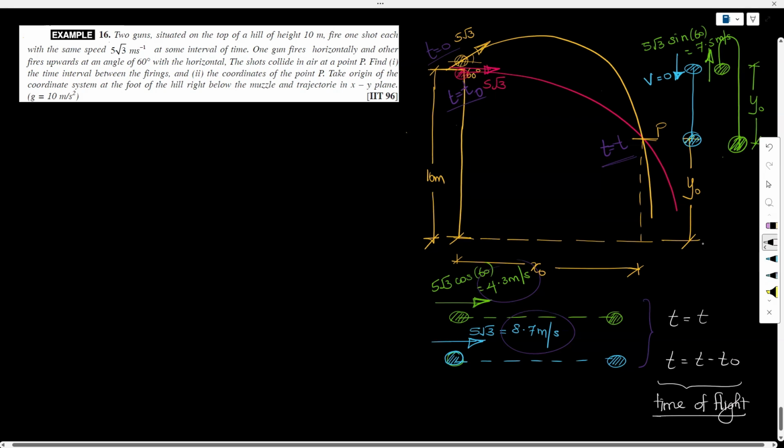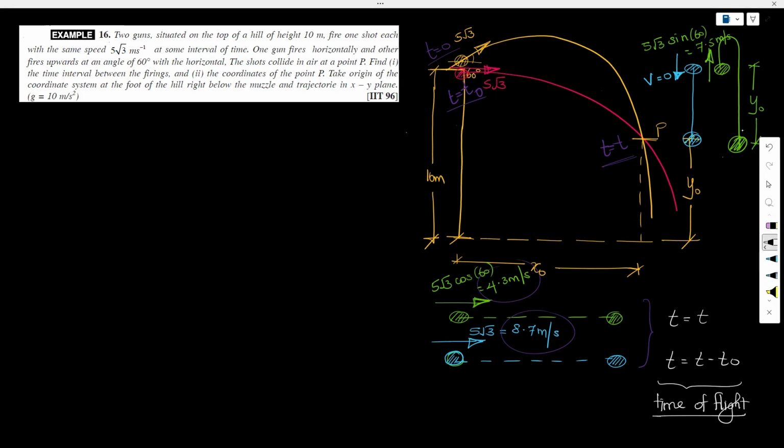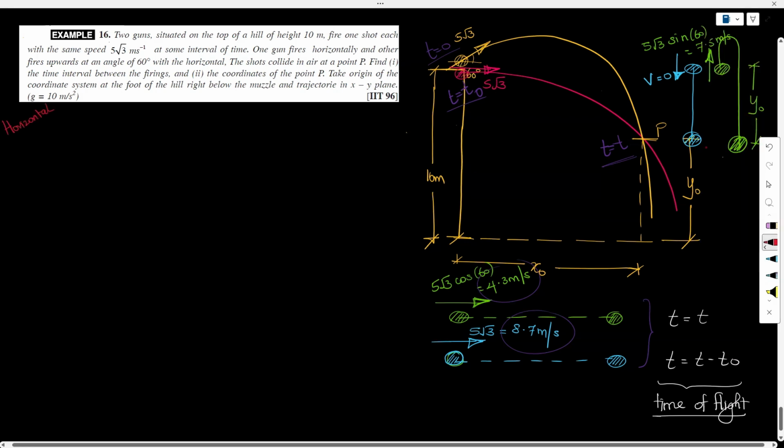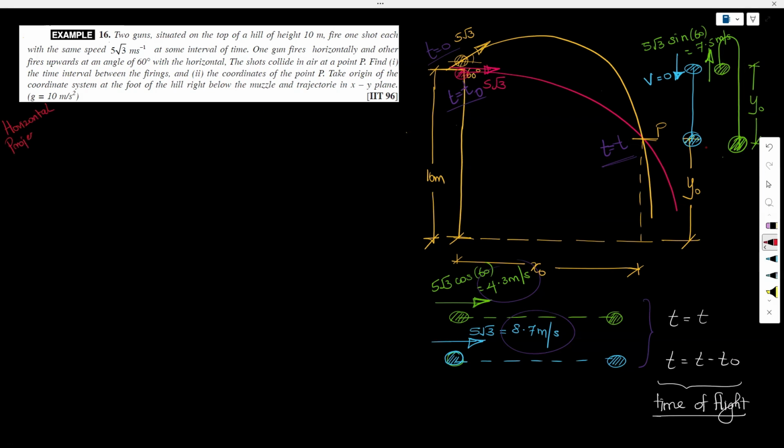So we can use the horizontal projection for both the particles, right? I'm going to use delta x equals v i t plus half a t squared in the horizontal direction.